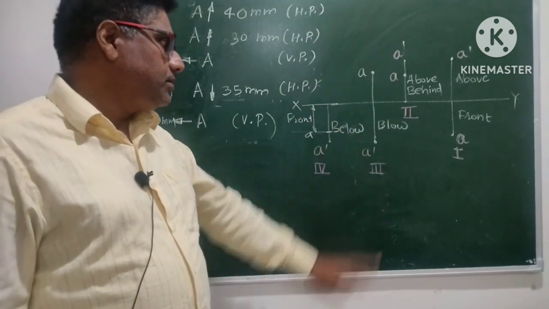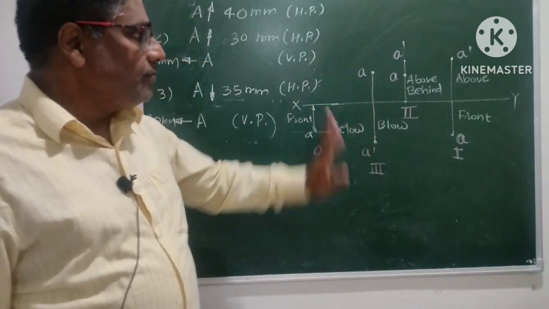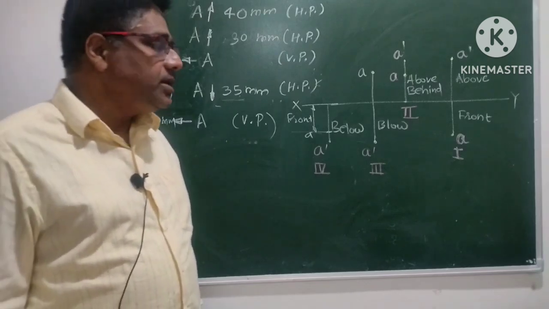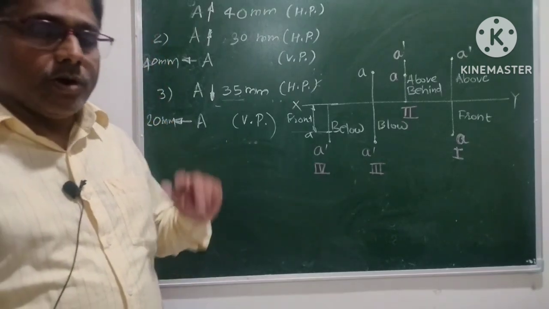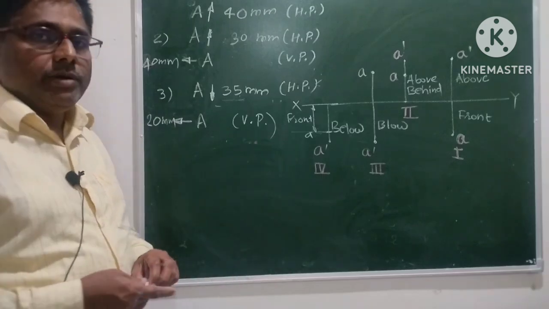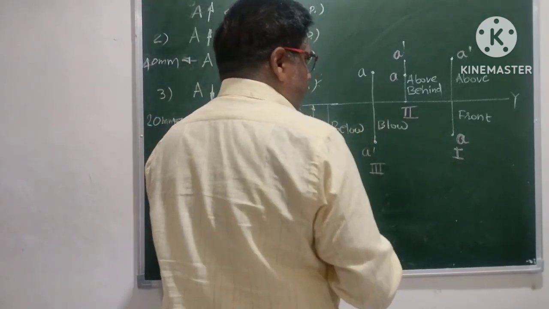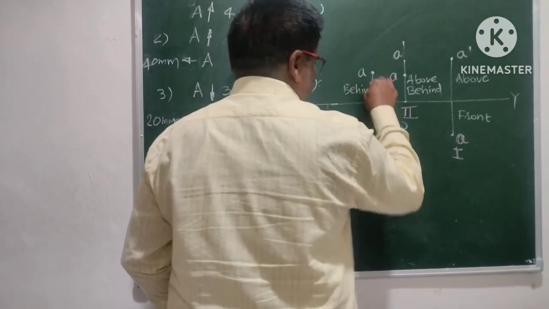In the third quadrant, below distance should be taken below, and what is the position of that point with reference to the vertical plane? When the point is in the third quadrant, it will be behind VP. This distance will be behind VP. I forgot to write this, behind.